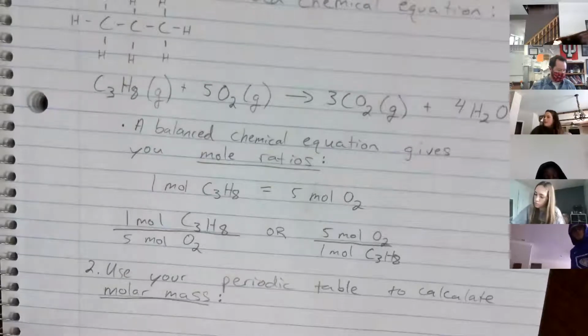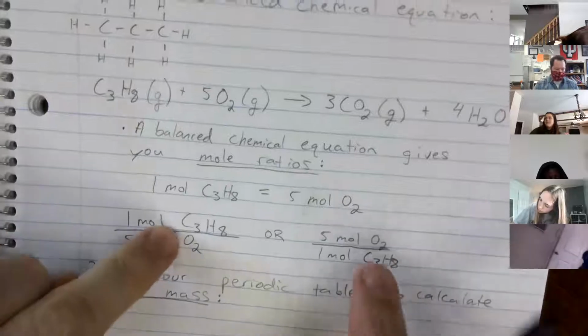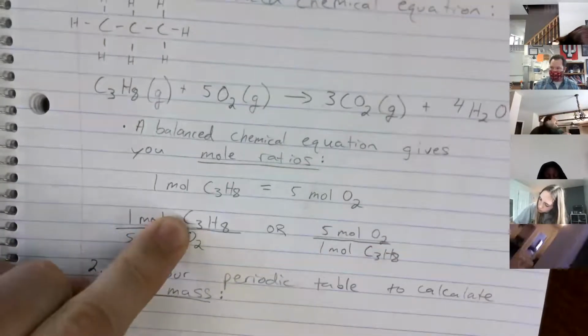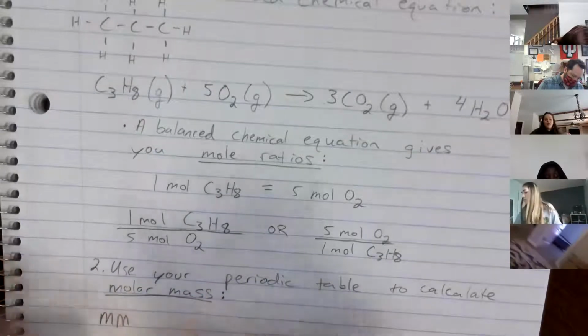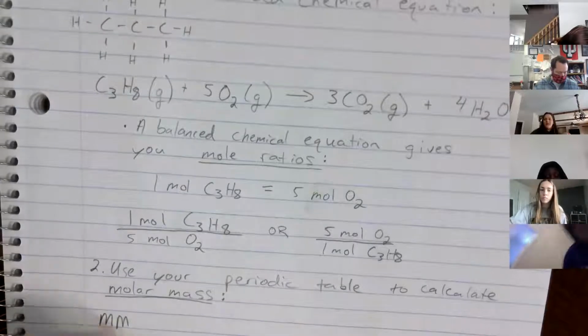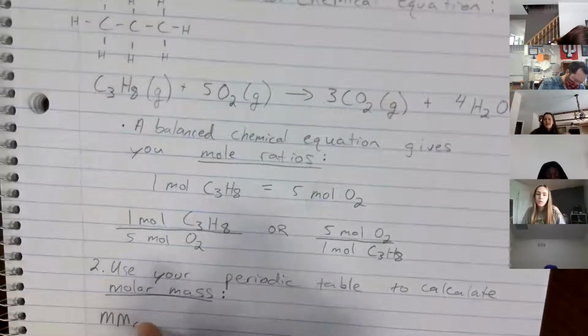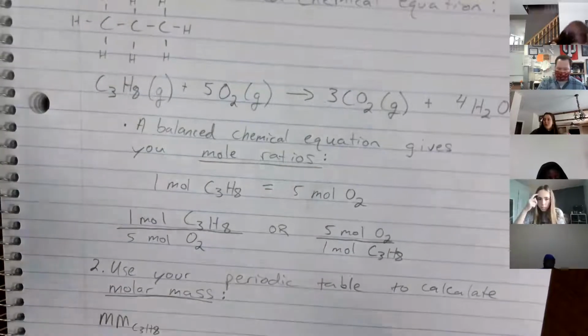All right, so we need to find the molar masses of the two substances we're working with. We're working with propane and oxygen for this problem. So let's start with MM. We usually use MM for molar mass. Molar mass of C3H8. So we're looking for the molar mass of propane.